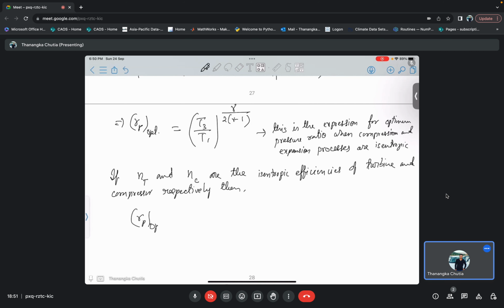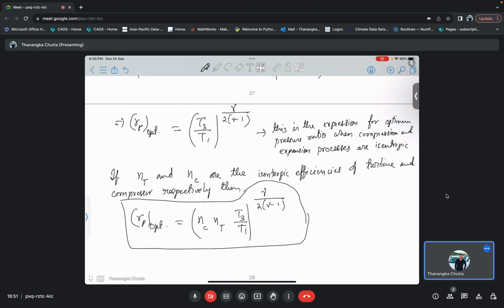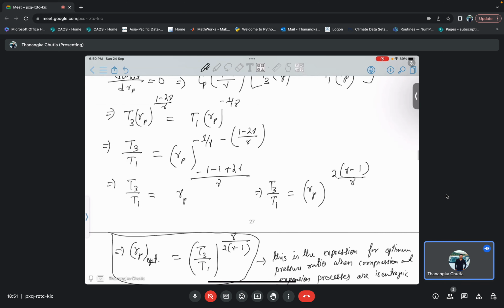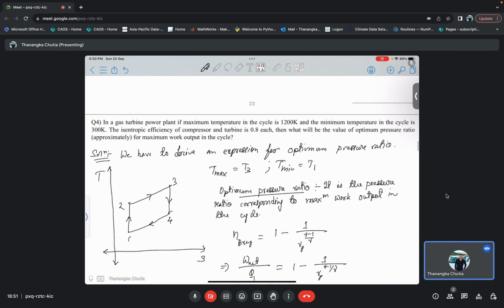Rp optimum will be nothing but eta C, eta T, T3 by T1 to the power gamma divided by 2 into gamma minus 1. So this is the expression and this is one expression. Now let us see the question, what is given to us.